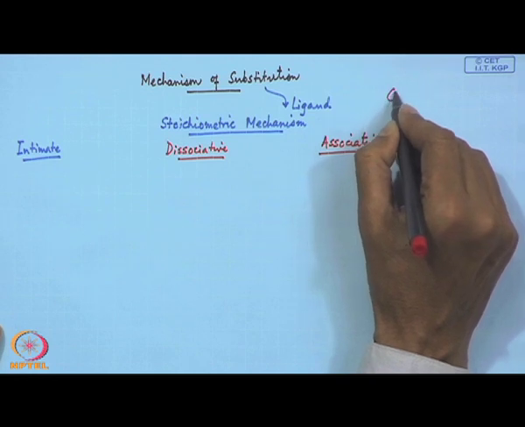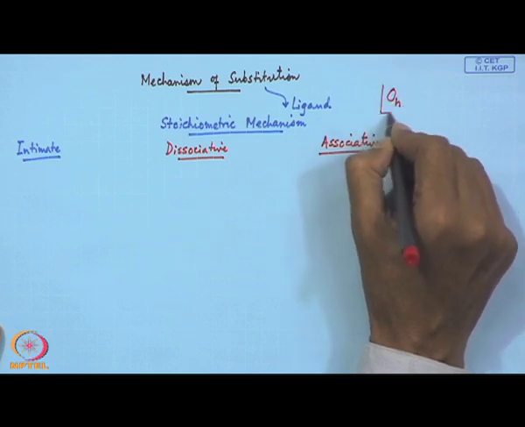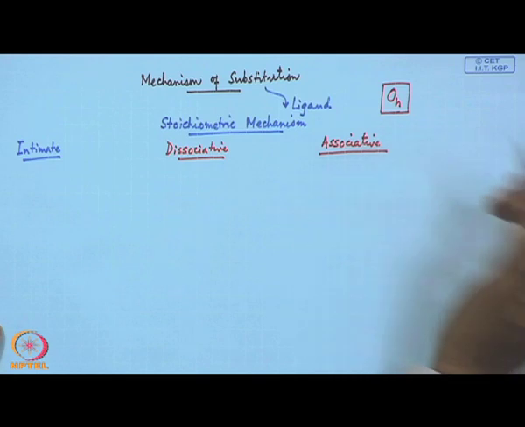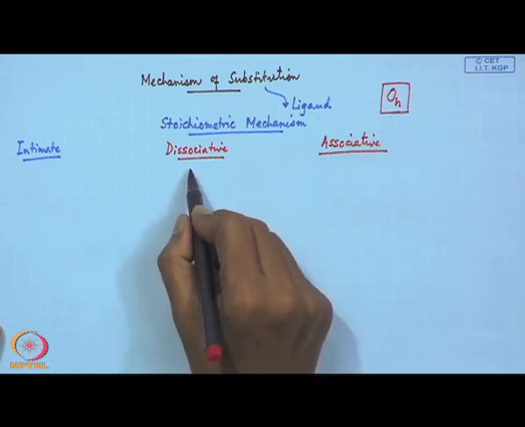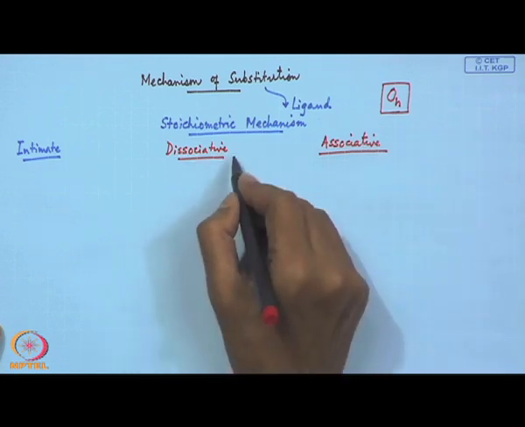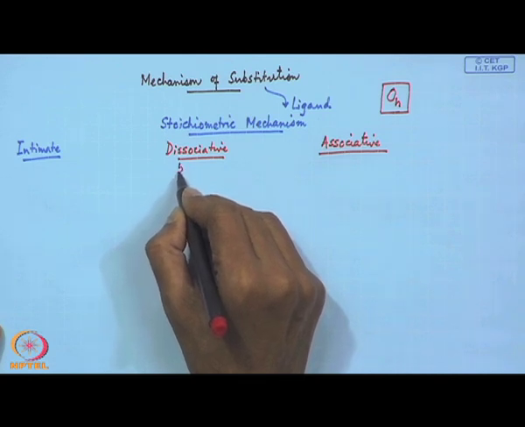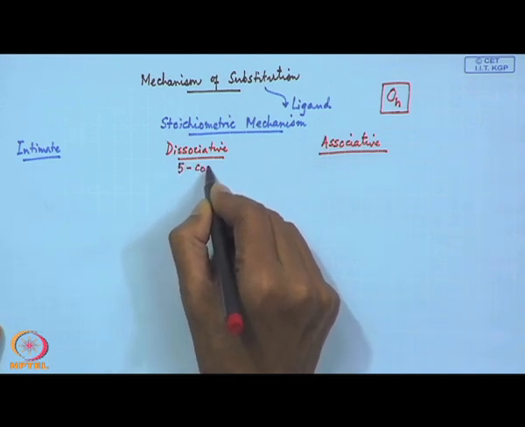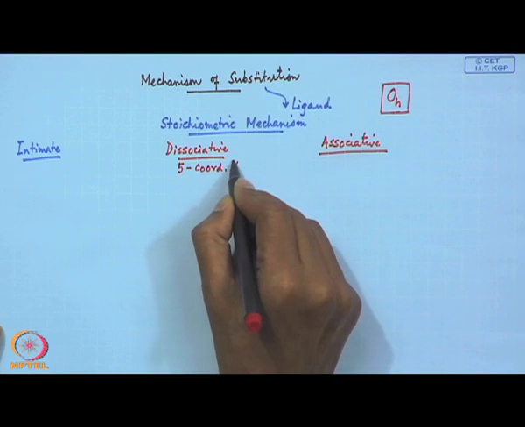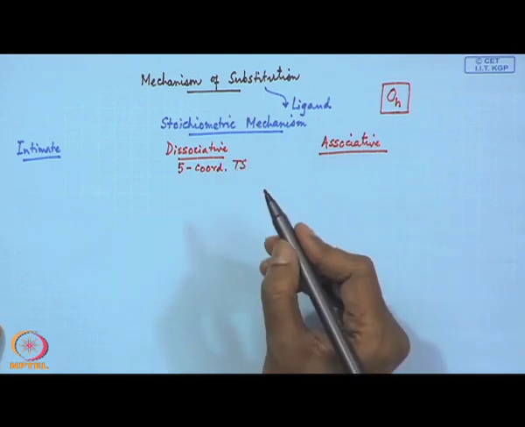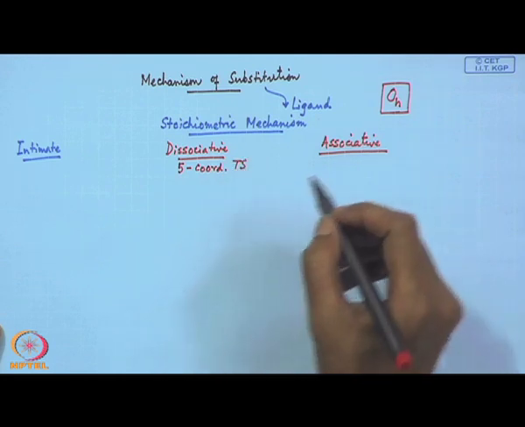So, if we are talking about the corresponding octahedral complex, if one ligand is going away, in the transition state we have a 5 coordinated system in the transition state of the reaction with that of the reactant.